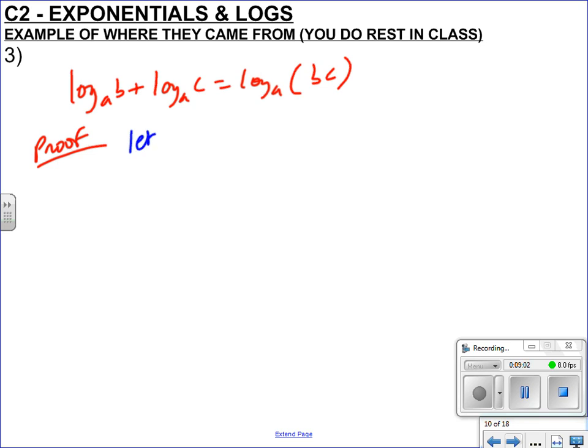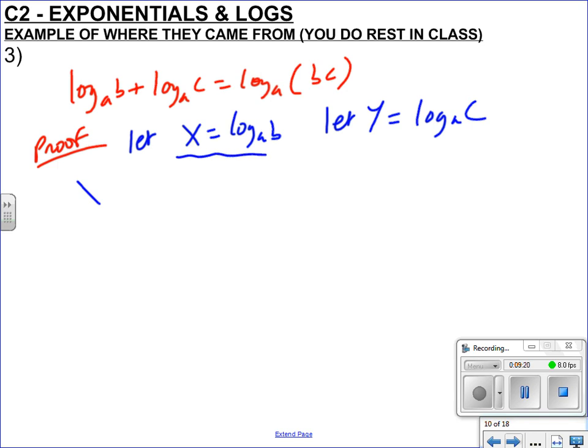So let's say we let x be log a b, and I'll also let y be log a c. At the moment this is in log form, so if I put it in index form, I get a is my base, x is my power, and b is my result.